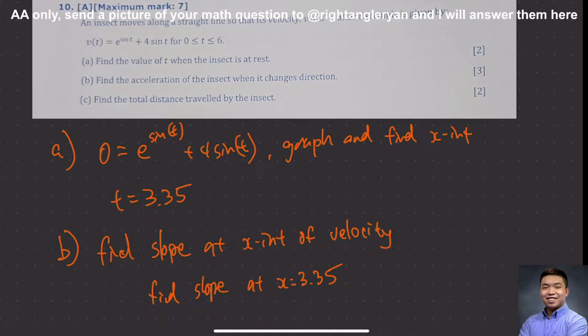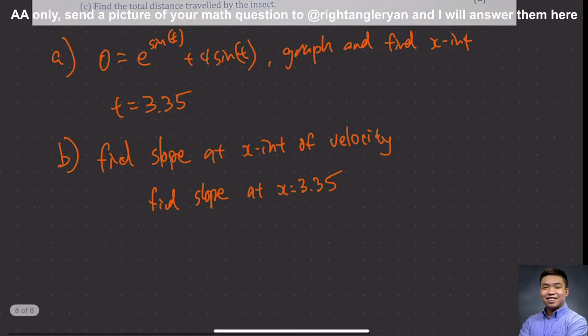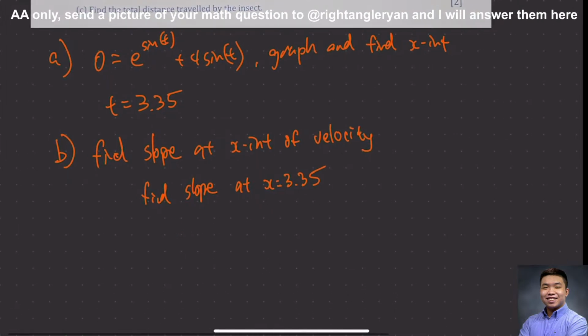I want to find it when x is equal to 3.35. So the slope is, waiting for my calculator to load, negative 4.71, I think, if my calculator is correct. I'm just using a web calculator, so it should be fine.